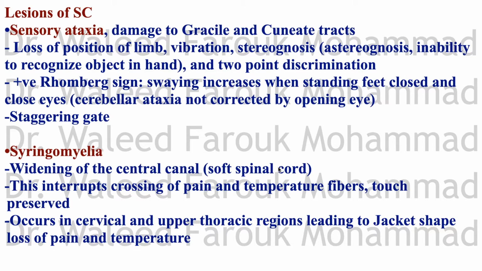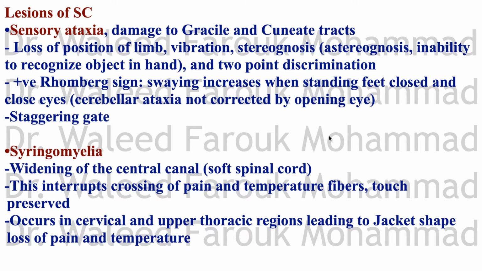Astereognosis is an inability to recognize an object in hand, and loss of 2-point discrimination. There will be positive Romberg sign, that is swaying of the body increases when standing, feet closed and eyes closed. If you do this test in a patient with cerebellar ataxia, it will not be corrected by opening the eyes, and there will be staggering gait because of loss of coordination.